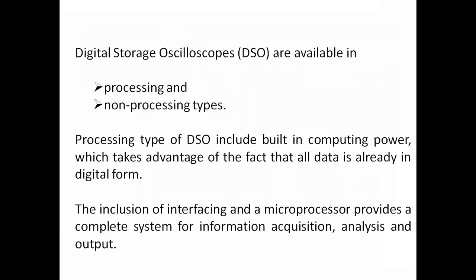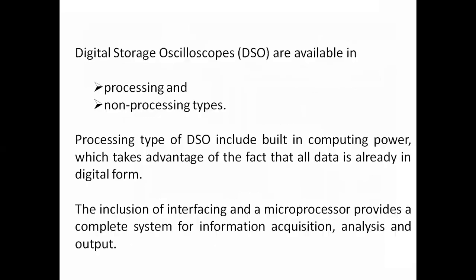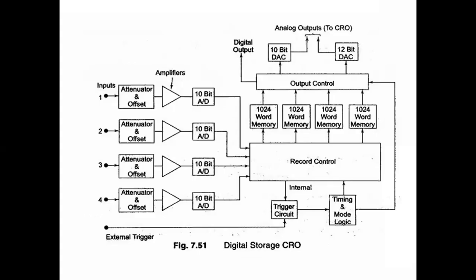The previous diagram shows only a single channel or single input. The next one is another digital storage oscilloscope, in which we have 4 inputs: 1, 2, 3 and 4.